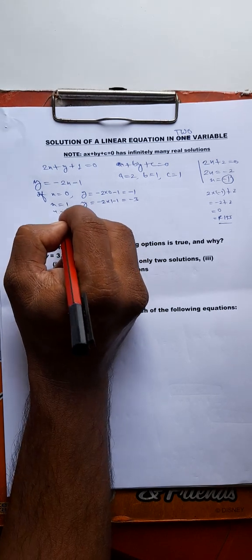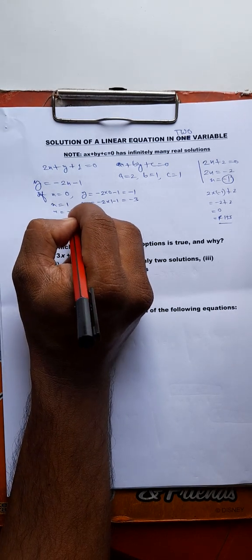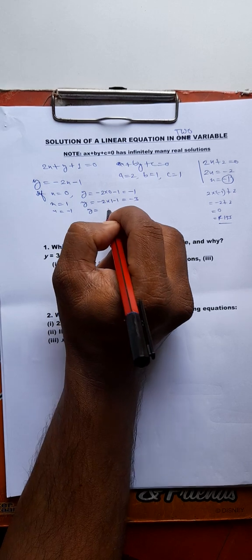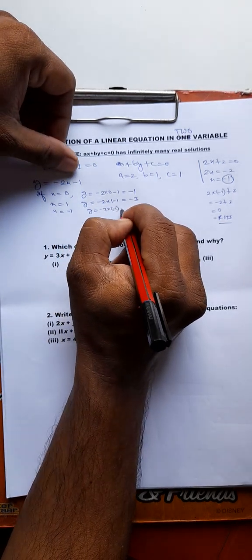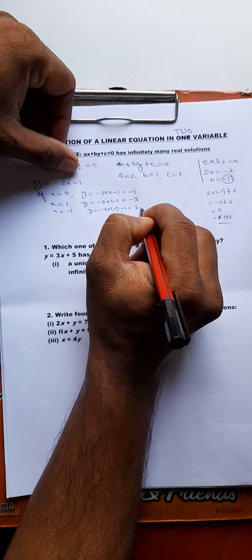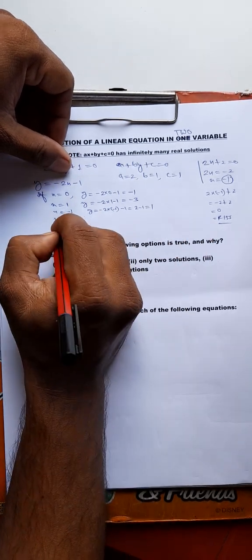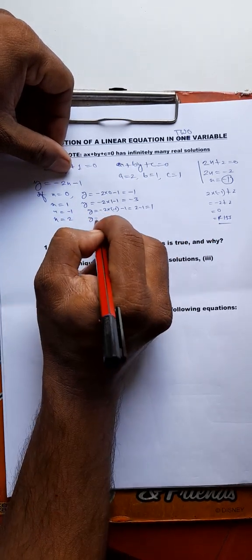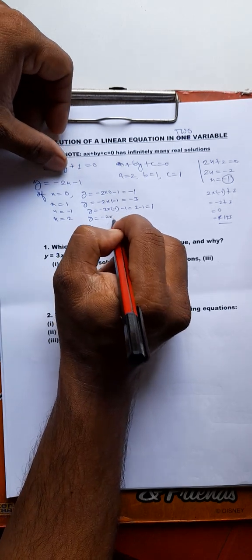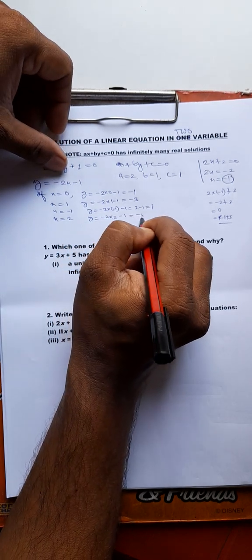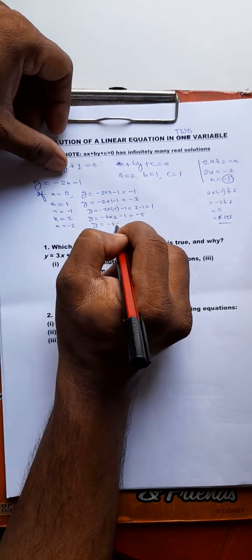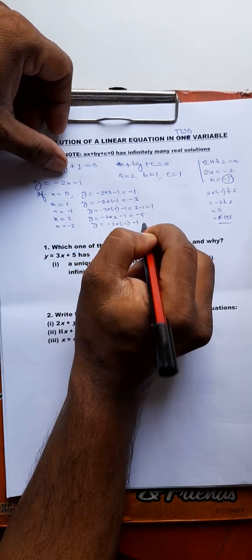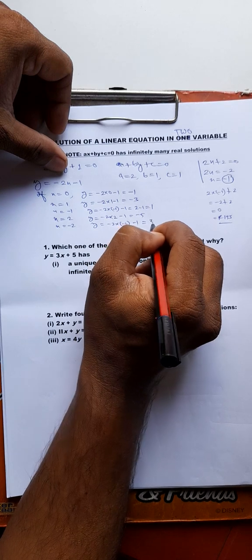X equal to minus 1, then y equal to minus 2 into minus 1 minus 1, that means 2 minus 1 equal to 1. X equal to 2, y would be minus 2 into 2 minus 1, minus 5. X equal to minus 2, y equal to minus 2 into minus 2 minus 1, that means 3.